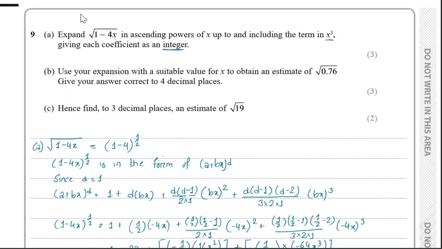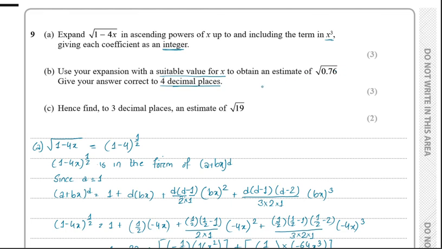Now for part B, use your expansion with a suitable value for x to obtain an estimate of root over 0.76. Give your answer correct to 4 decimal places. But first we need to find a suitable value of x. We can't just directly put root over 0.76 in the calculator and give the answer.